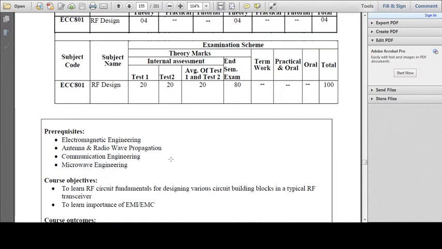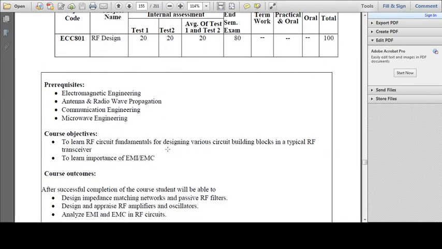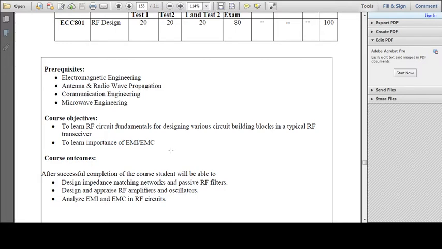So after successful completion of this RF design subject, what will be the course outcomes? To learn the RF circuit fundamentals for designing various circuit building blocks in a typical RF transceiver, and to learn the importance of electromagnetic interference and electromagnetic components.